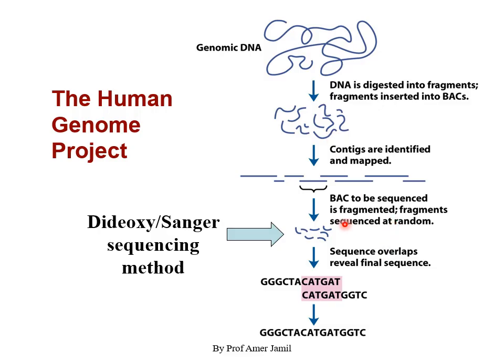When the sequences were obtained, they had to be overlapped just like a puzzle, and finally you get the sequence one after the other. So the project was initiated in 1990, and there were 15 years with $3 billion funding.